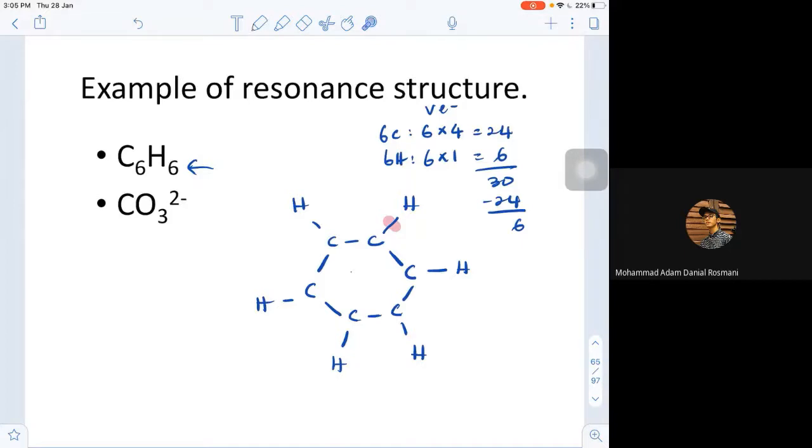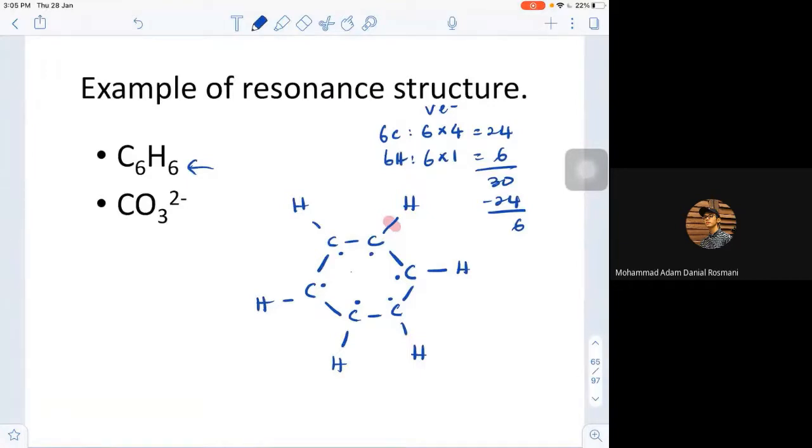We observe that all hydrogens, all terminal atoms, already achieve duplet. So these 6 electrons need to be given to the central atoms so that they achieve octet. If we distribute the 6 electrons equally, each carbon will get 1 electron. However, the carbons still do not achieve octet yet.